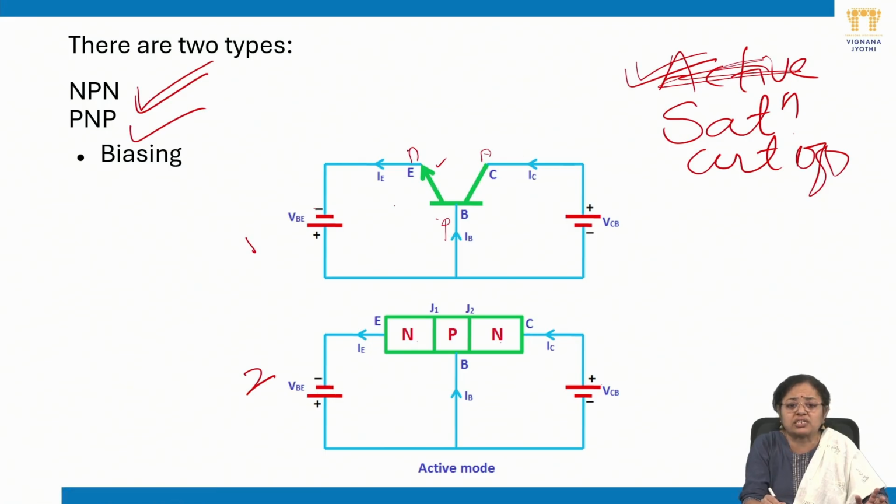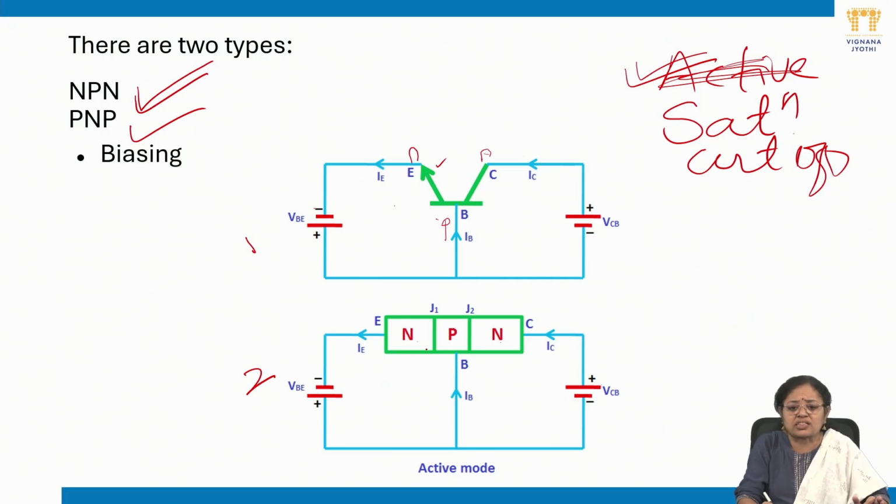IE is the emitter current, following the direction of the emitter terminal, shown with the help of this arrow. This is the base current IB and this is the collector current IC. We know that IE is equal to IB plus IC, and the arrows fulfil this equation.